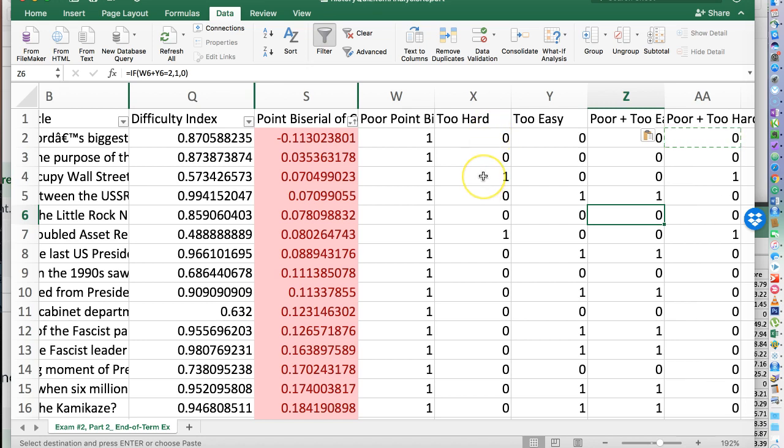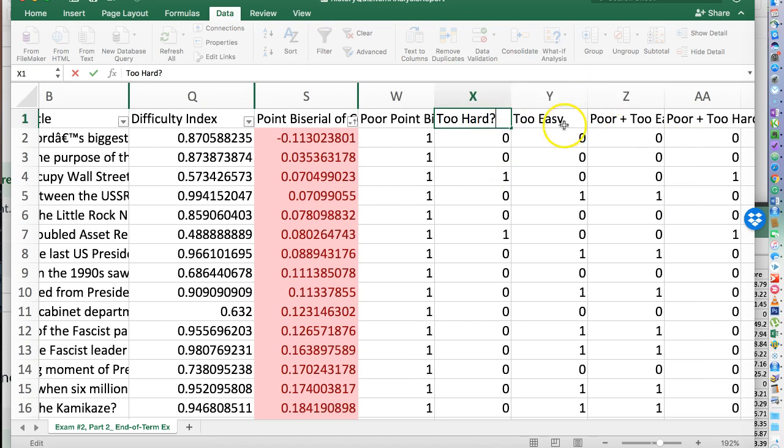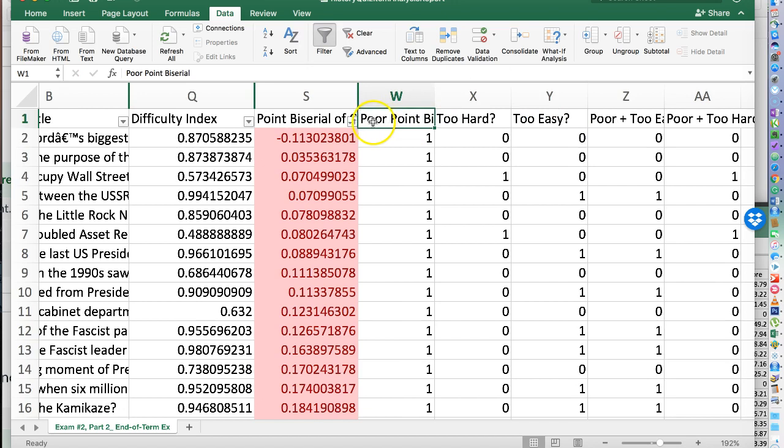Now, too hard doesn't mean it really should be too hard, or too easy. Point biserial is factual. Too hard, we don't know if it's too hard or not. Too easy, we don't know if it's too easy or not. But again, these are questions to ask.